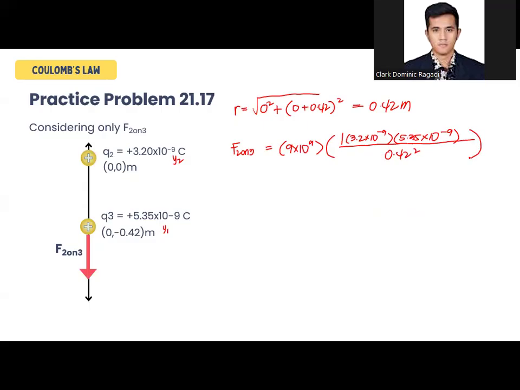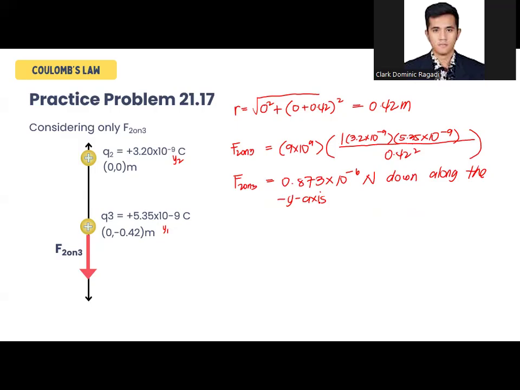Now we can get the magnitude of F2 on 3, which is equal to 0.873 times 10 to the power of negative 6 newtons. And the direction is still downward, down along the negative y-axis. So that's the F2 on 3.